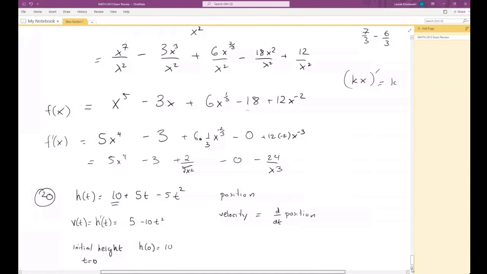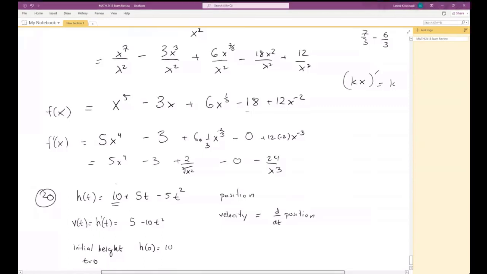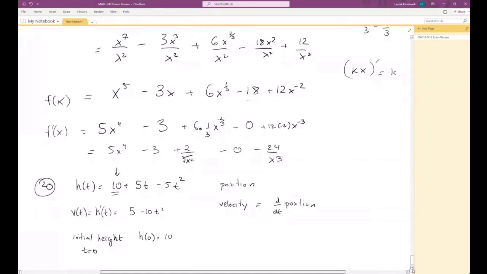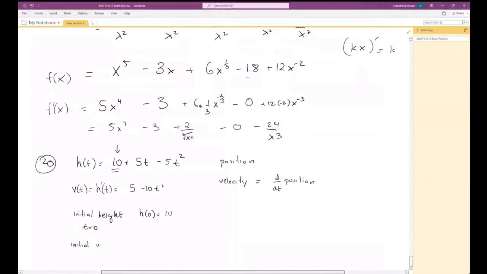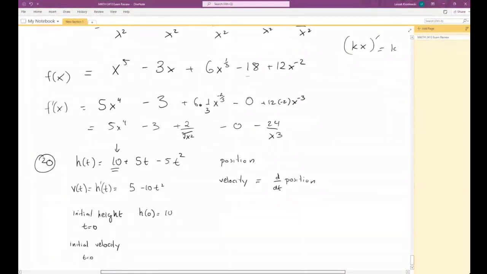So if they had reversed the problem, they'd say that we throw an object from 10 meters high. That would be the initial height. What's the initial velocity? Well, initial, let's just say, means t equals 0. So it's the velocity at time 0.